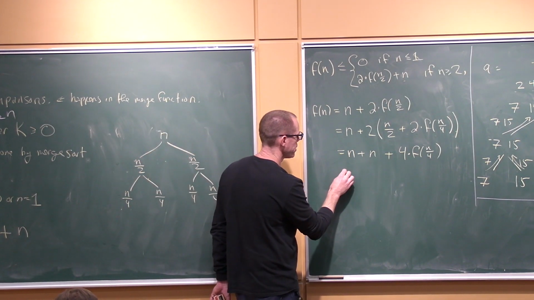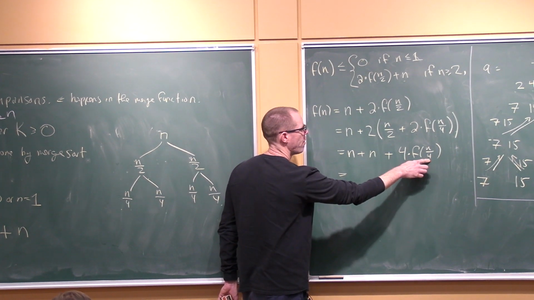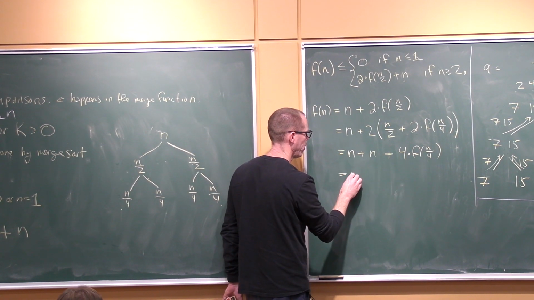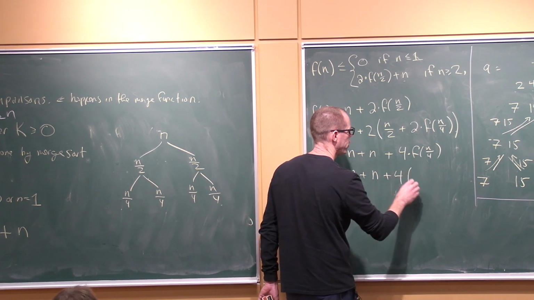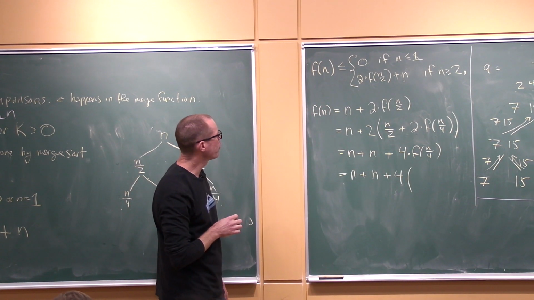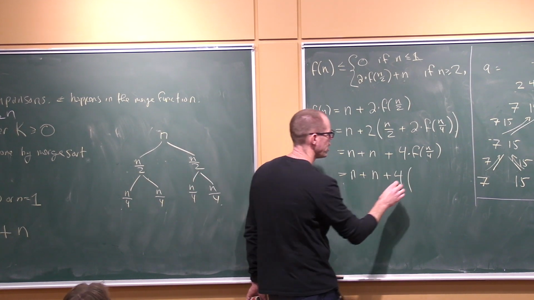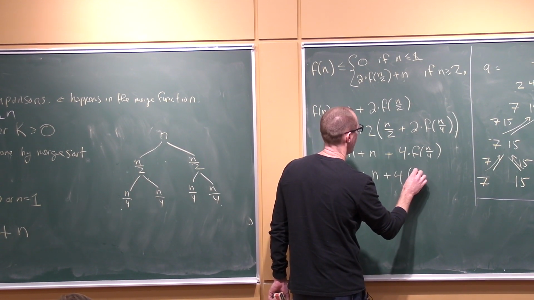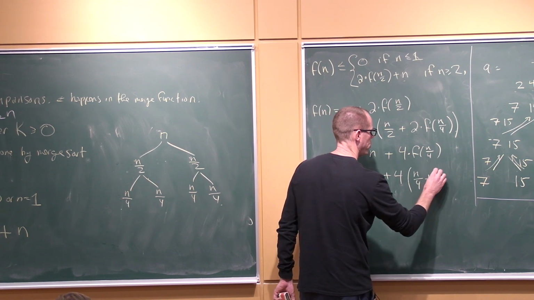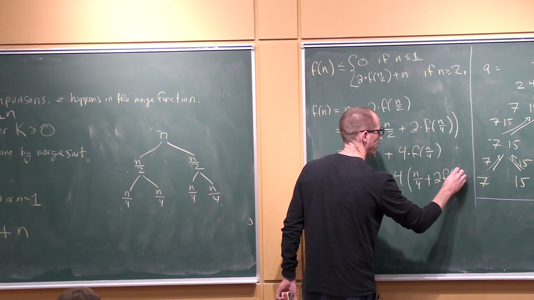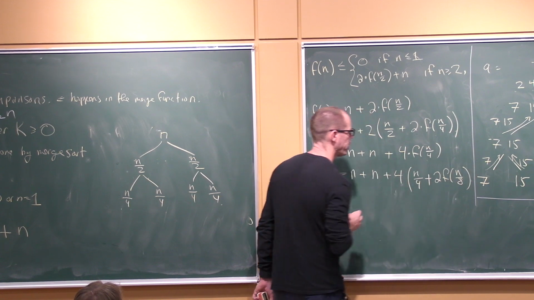And what happens next? Well, we can apply the definition of f here. That's n plus 4 times, what does the definition of f tell us? Well, that says that it should be n over 4 plus 2 times f of n over 8.